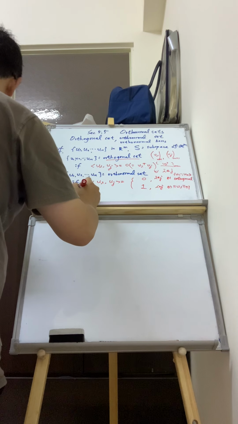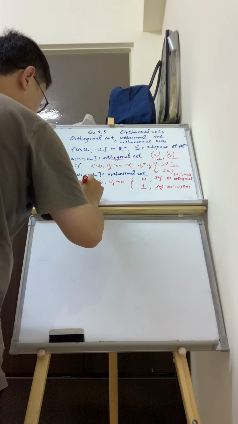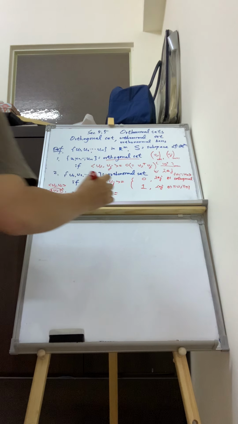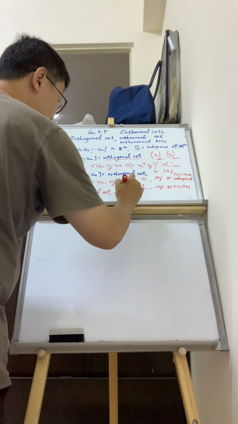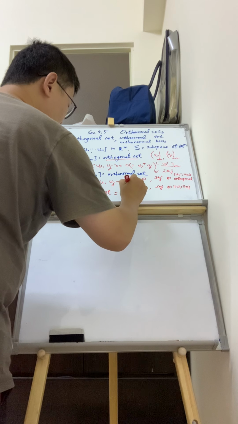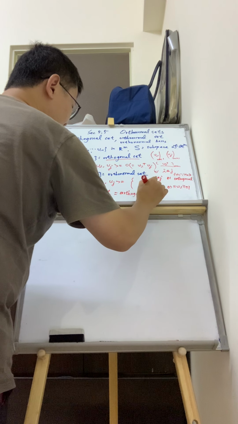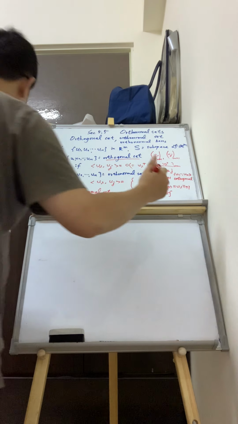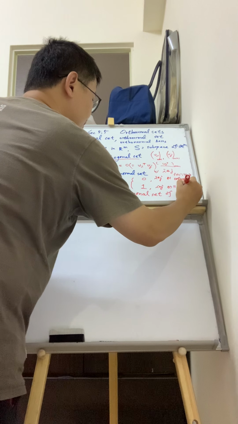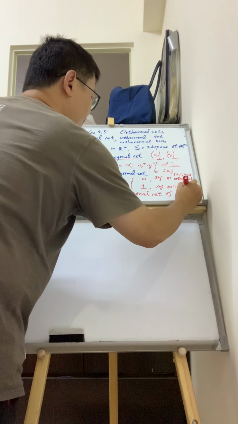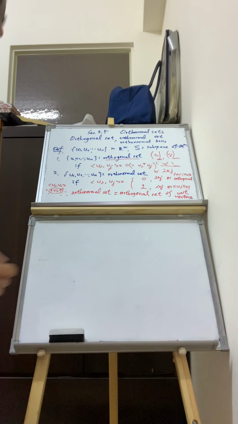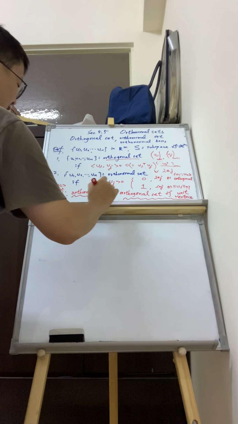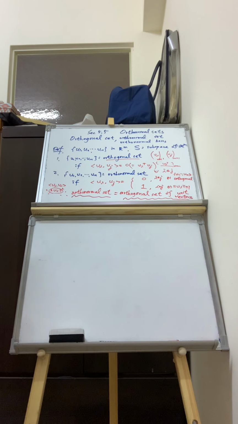So indeed, we could say that an orthonormal set is exactly an orthogonal set of unit vectors, since each of them has length 1.